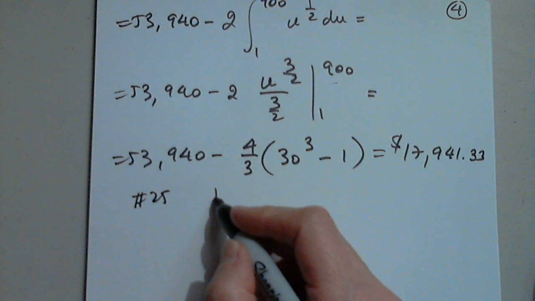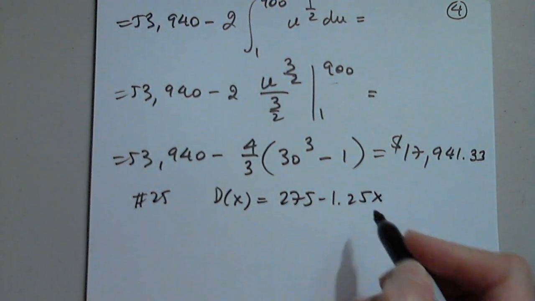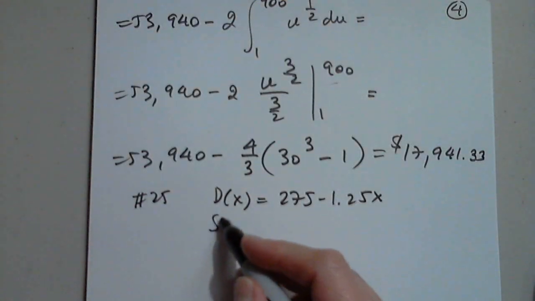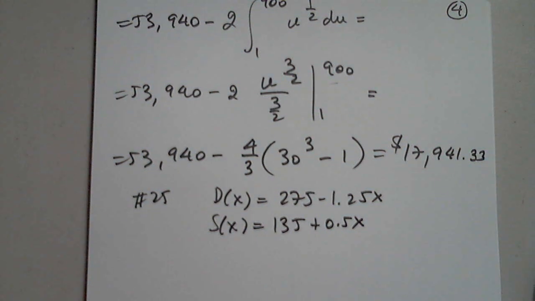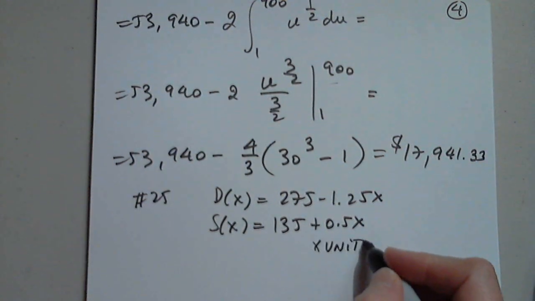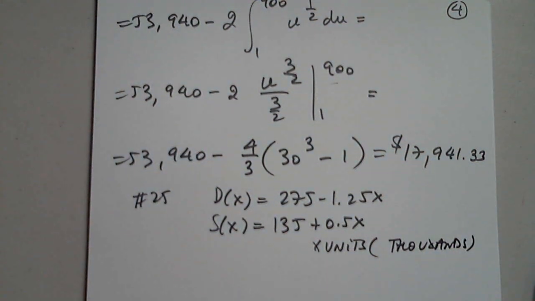Suppose the demand is given to us as 275 minus 1.25x. The supply is also given to us as 135 plus 0.5x. And x is in thousands of units. And d of x and s of x are in dollars per unit. Find the equilibrium point and then the consumer and producer surplus.